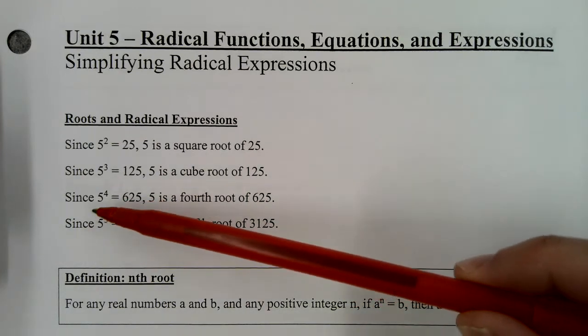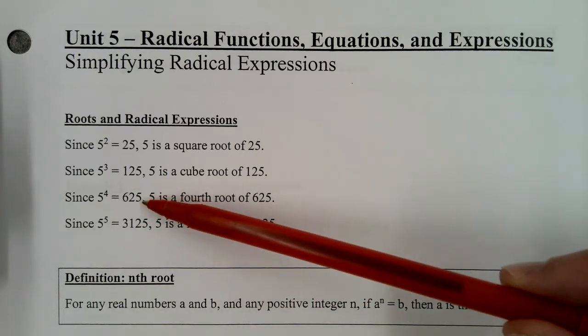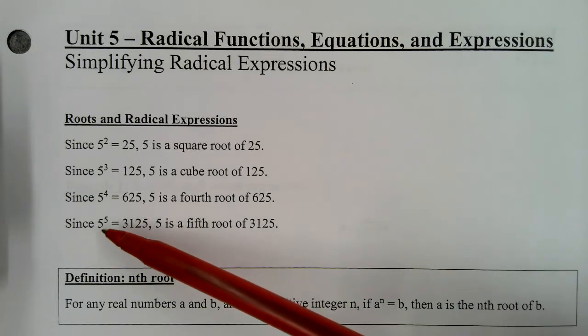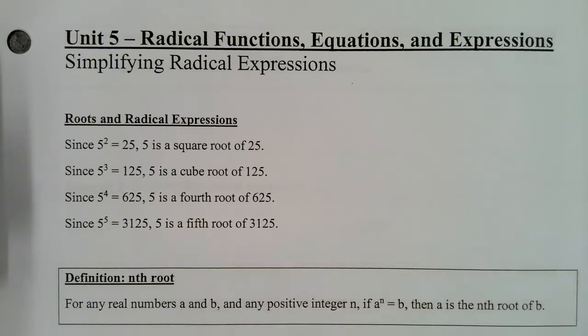Since 5 to the fourth power equals 625, 5 is a fourth root of 625. And one more, since 5 to the fifth power equals 3,125, 5 is a fifth root of 3,125. I am going to stop there with those because I think I made my point.